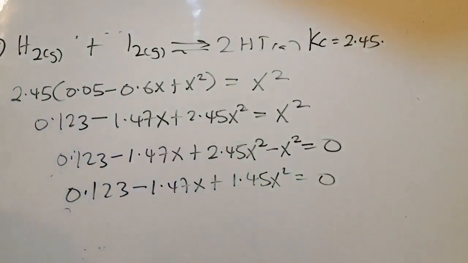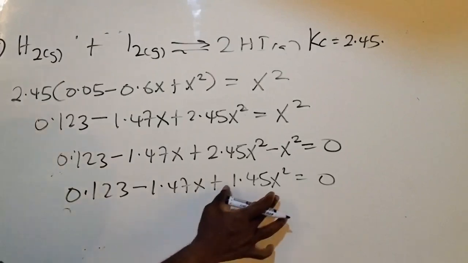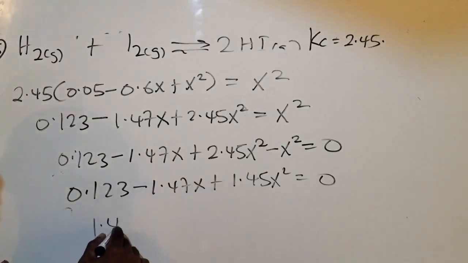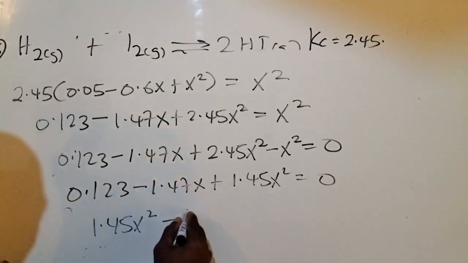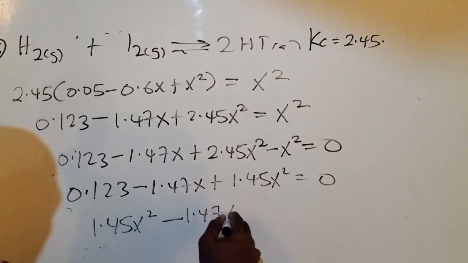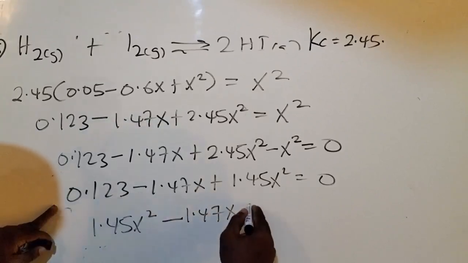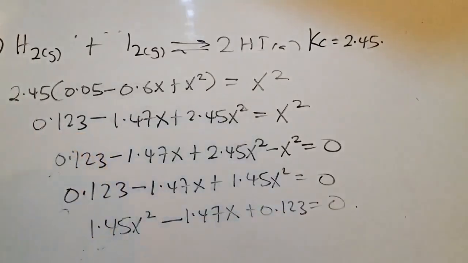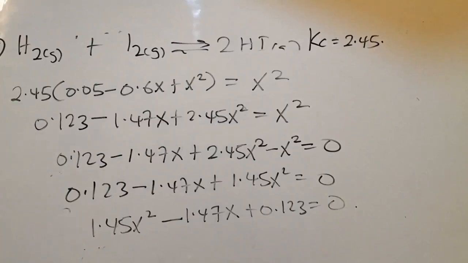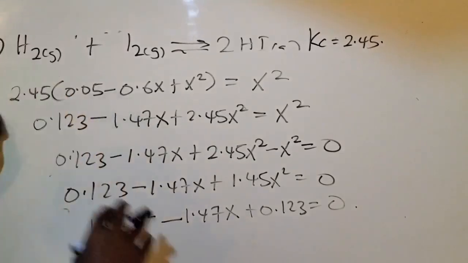Rearrange and make it look like a correct equation. I can bring this one in front. I have 1.45s squared minus 1.47s plus 0.123 equal to 0, taking the form of a quadratic equation. So we can bring this expression up.